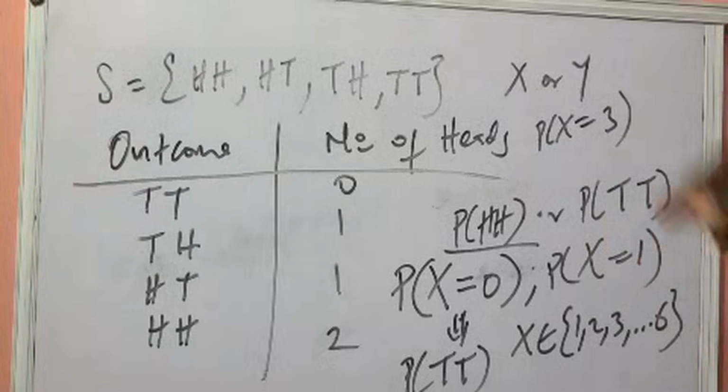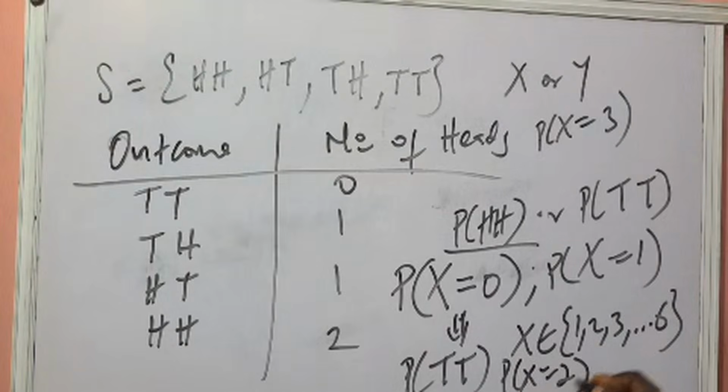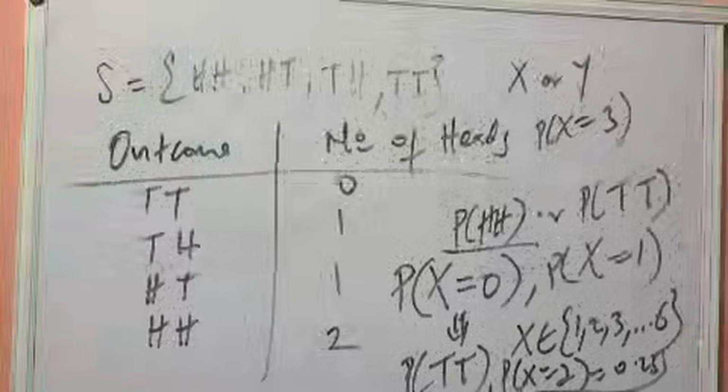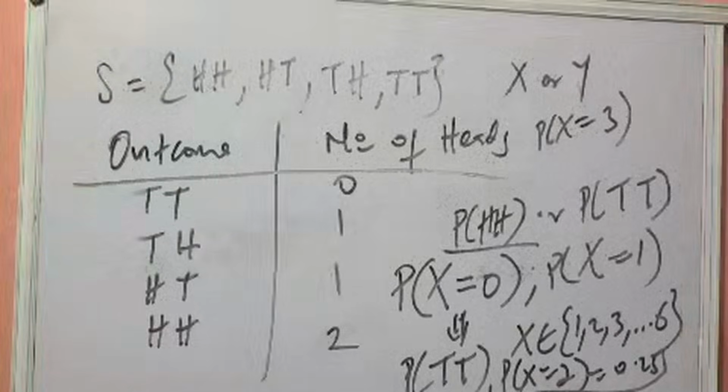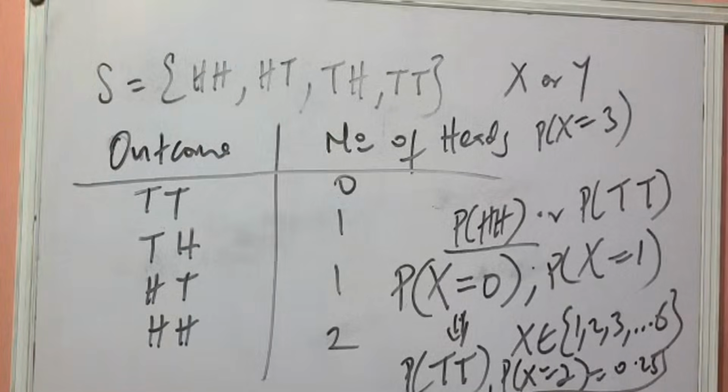So instead of saying probability of getting 2 heads equals 0.25, we can easily just write probability of X equals 2 equals 0.25. This is more manageable in mathematics. They transform your complex qualitative scenarios into a much more quantitative, manageable thing that you can easily solve mathematically.